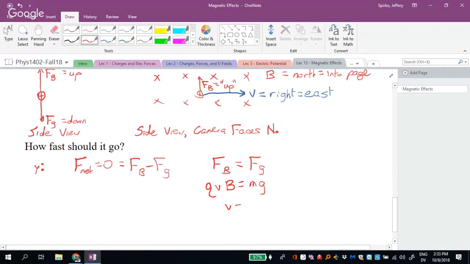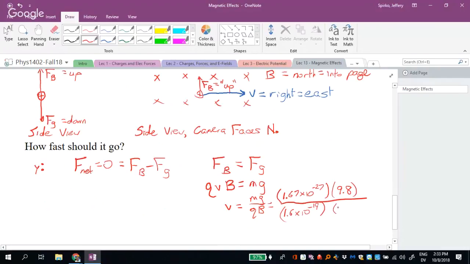This would be V equals mg over qB equals, then we have to look up the proton mass. It's at the top of the equation sheet. It is 1.67 times 10 to the minus 27th. And then G is 9.8. And then Q is 1.6 times 10 to the minus 19th, the elementary charge.